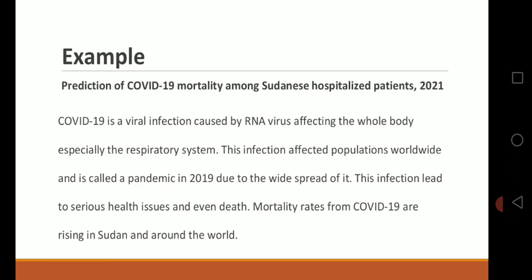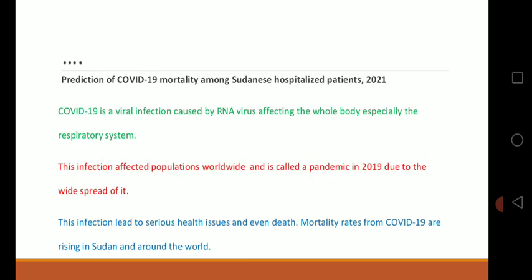In this example we said this infection affected populations worldwide and was called a pandemic in 2019 due to the wide spread of it. So here I described the size of the problem, the size of the topic I'm studying. I said it affects many populations worldwide and has wide spread.